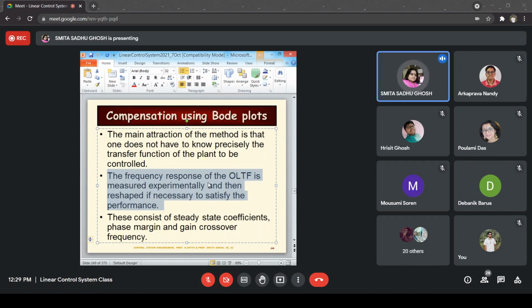You use a compensator which is then applied to your system, so the Bode plot will be changing. The changed Bode plot, or compensated system Bode plot, should be the desirable one for you. That is the general method undertaken in compensation using Bode plots.